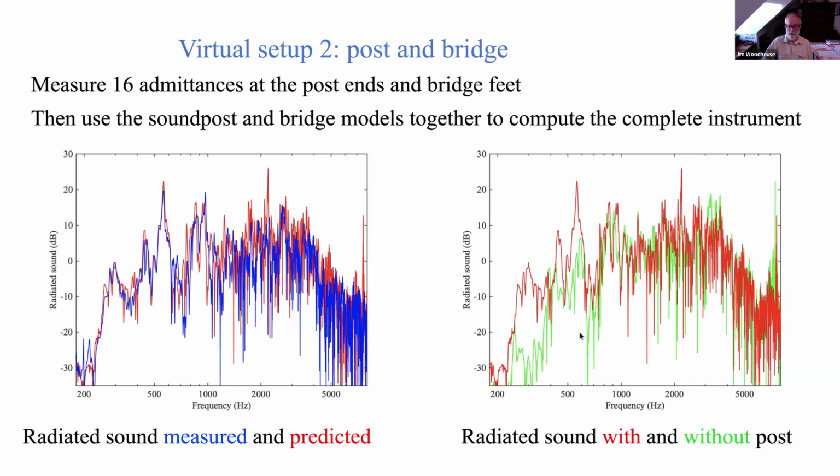So this is actually the plot that I showed at the beginning when I said, here's the effect of removing a sound post. It's a synthesized curve. The red curve with the post is the same as the red curve over here. The green curve is the result of running exactly the same prediction, simply setting that contact stiffness to 0. So the post might as well not be there.